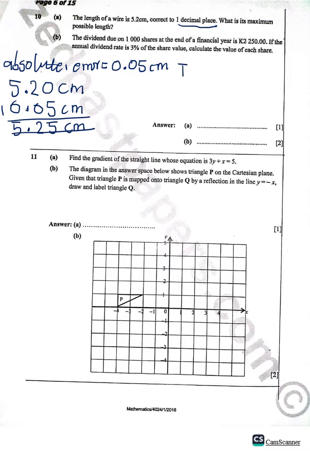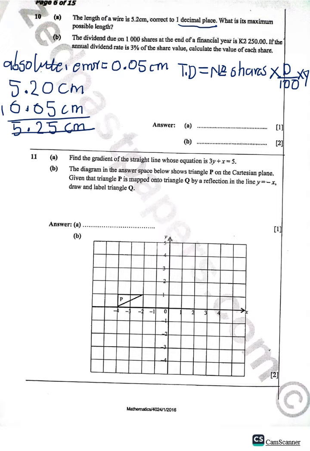Total dividend, TD, is equal to number of shares multiplied by dividend over 100, since we have been given a percentage, multiplied by y. So y denotes the number of shares, so we can just let y be the number of shares.